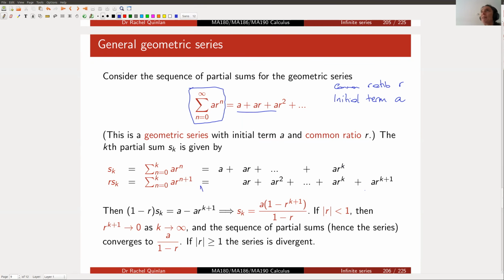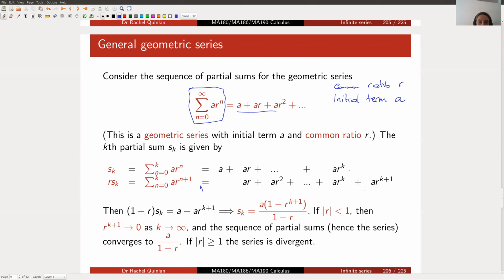As we did in the last slide, you take that expression, and I find it helpful to look at the right-hand side, the longhand version with the terms written out with plus signs between them, and look at it multiplied by the common ratio. So you've got S_k and R S_k, and R S_k is just AR plus AR squared plus AR cubed up as far as AR to the k, and then plus R times the last term, which is AR to the k plus 1.